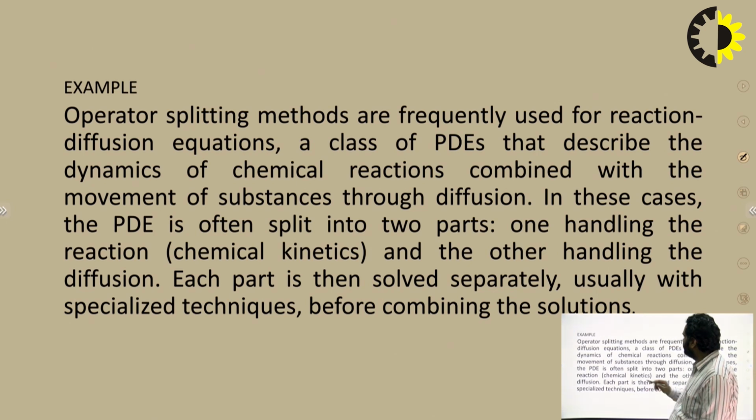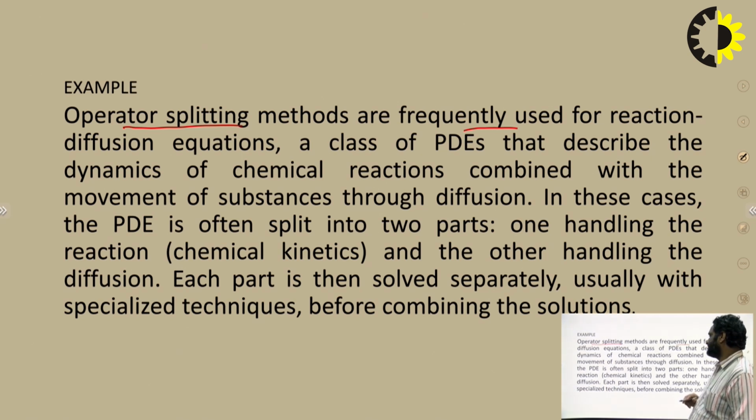Here is an example where we are using the operator splitting method. It is frequently used for reaction-diffusion equations, a class of PDEs that describe the dynamics of chemical reactions combined with the movement of substances through diffusion.